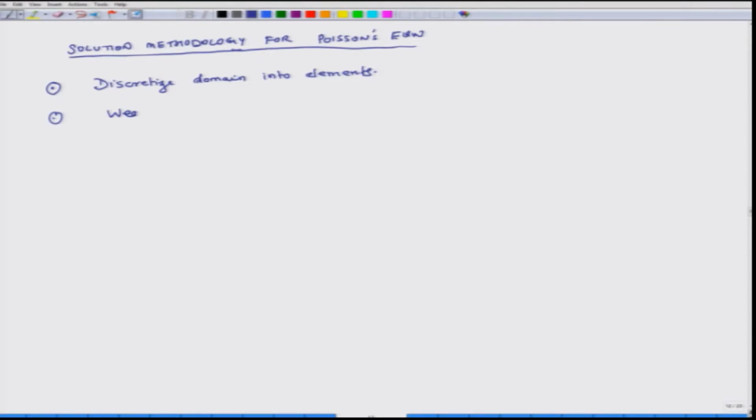So what was the second step we did in 1D problems? We developed a weak formulation. So then the next step is weak formulation of the differential equation over an element.